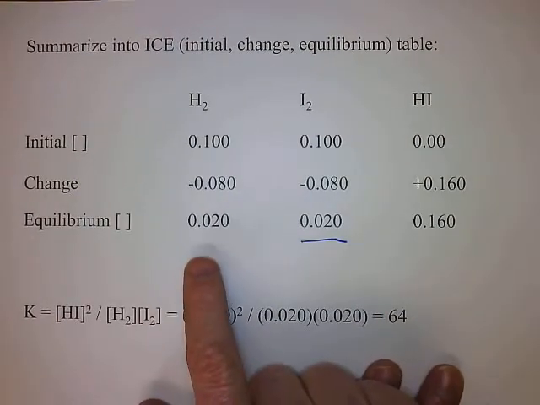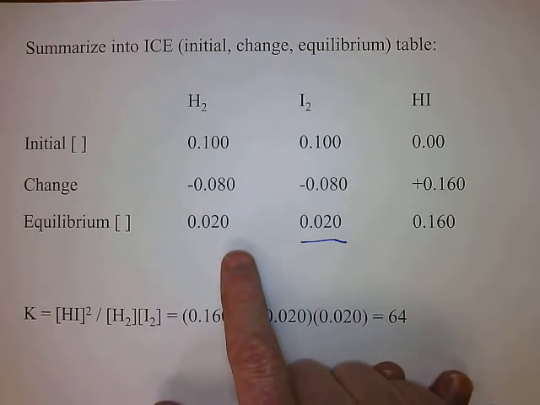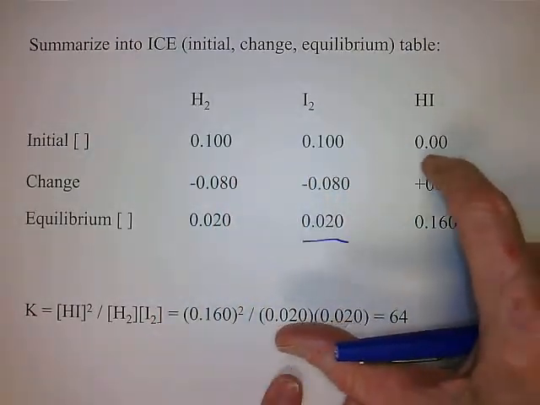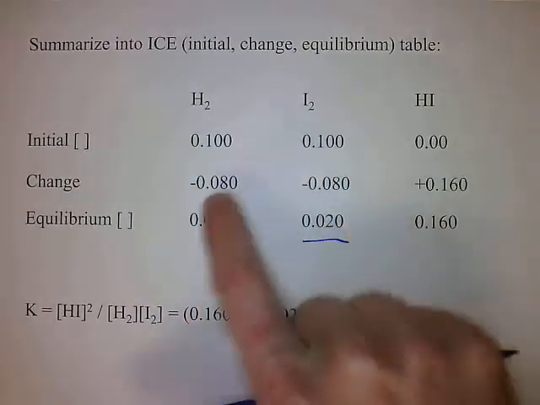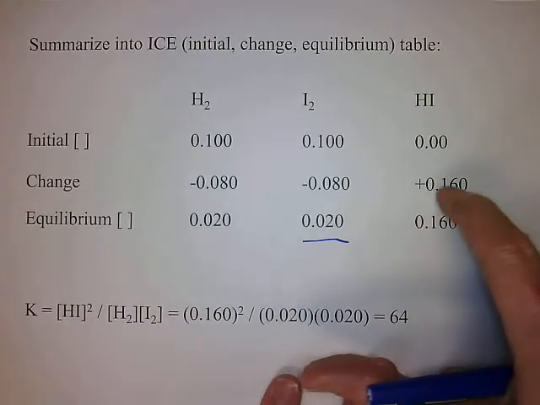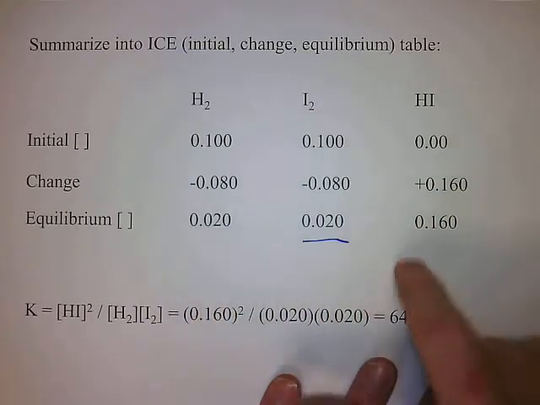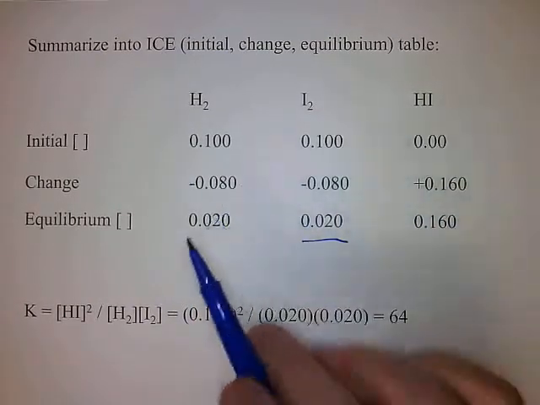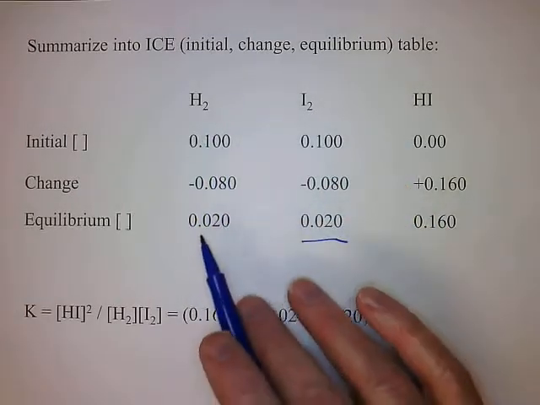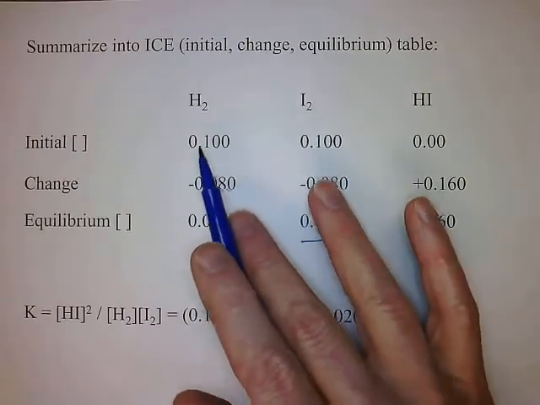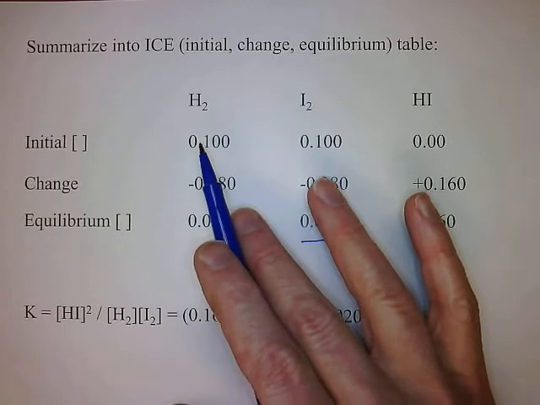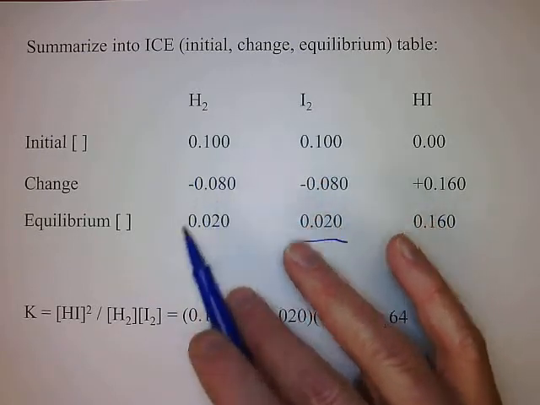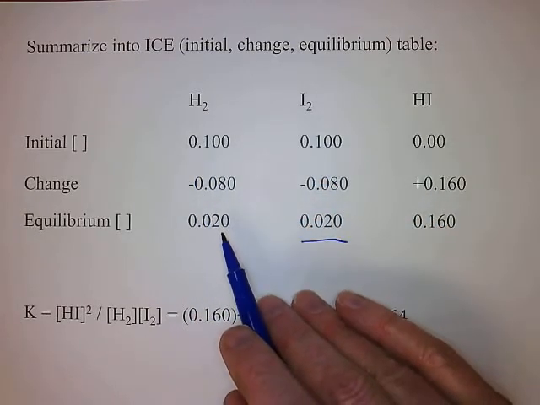Okay, and so in our very last step then, so this was our initial, this is what we started with, this is our change, okay, and then what are the equilibrium concentrations? You subtract the change from the initial. So 0.1 minus 0.08 is 0.02, okay.